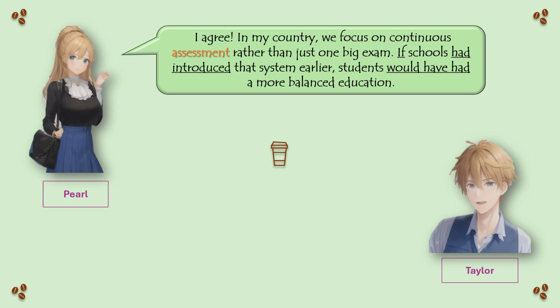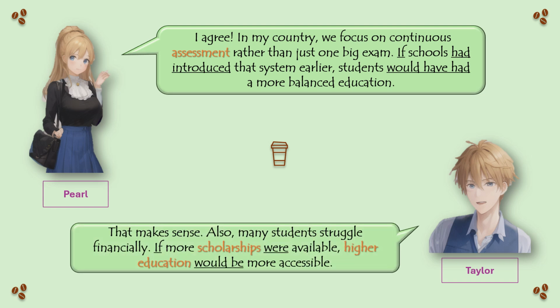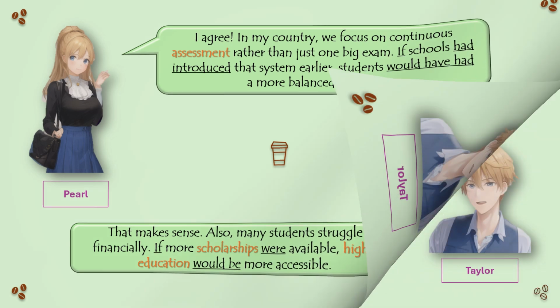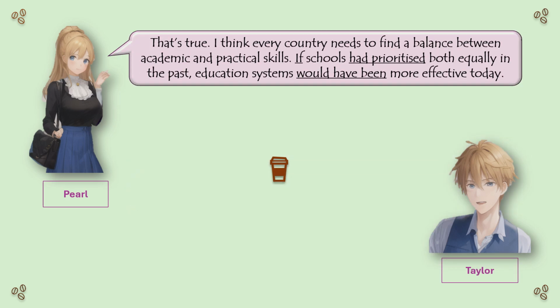I agree. In my country, we focus on continuous assessment rather than just one big exam. If schools had introduced that system earlier, students would have had a more balanced education. That makes sense. Also, many students struggle financially. If more scholarships were available, higher education would be more accessible. That's true.